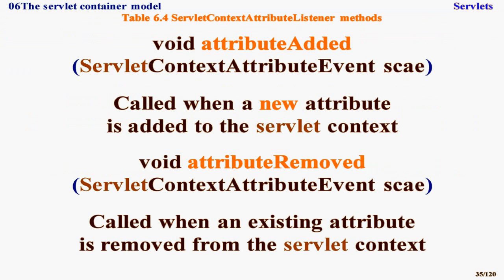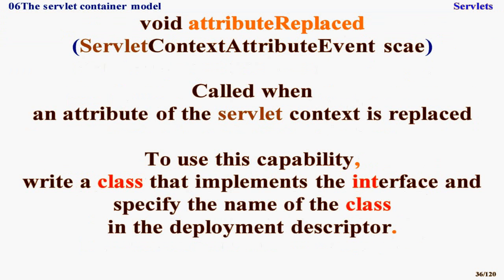Void attributeRemoved(ServletContextAttributeEvent scae), called when an existing attribute is removed from the servlet context. Void attributeReplaced(ServletContextAttributeEvent scae), called when an attribute of the servlet context is replaced.